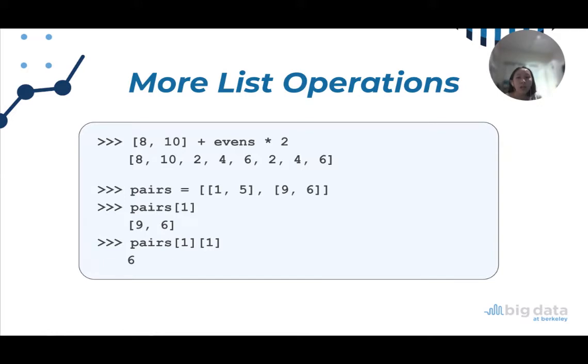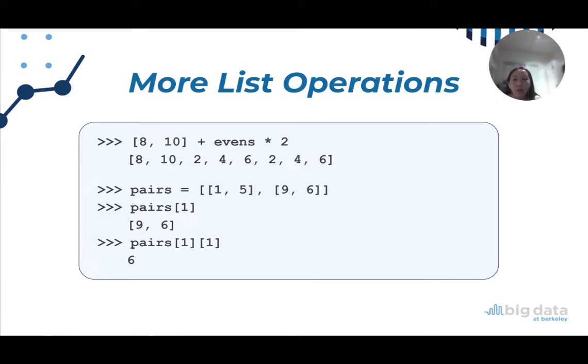Similarly, we can create 2D lists, for example, in our pairs list here. You can see that there are outer brackets, and then inside those outer brackets, there's 1, 5, so one list, and then 9, 6, another list. So if we just call the first position of pairs, we would receive 9, 6, because we would look immediately within just the outer bracket that is on the outside.